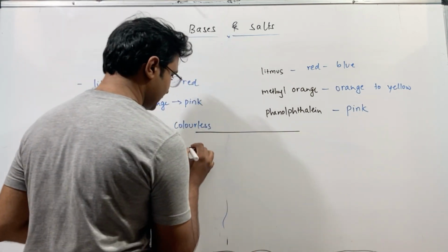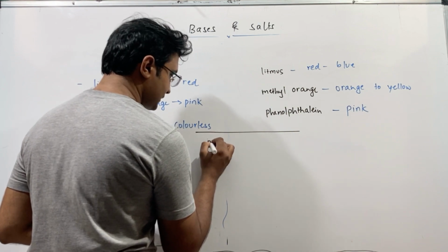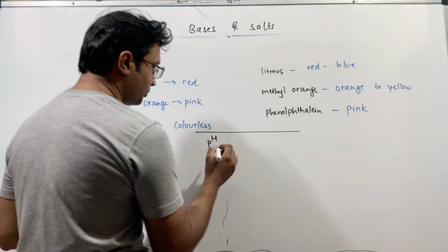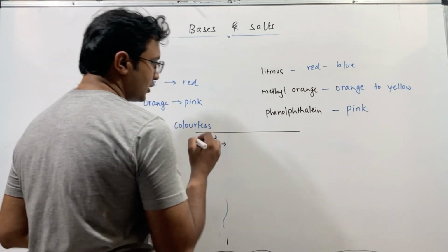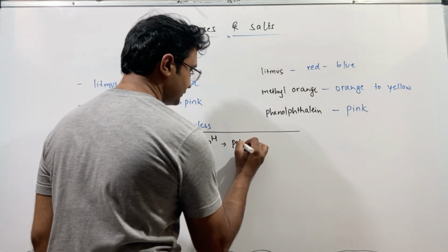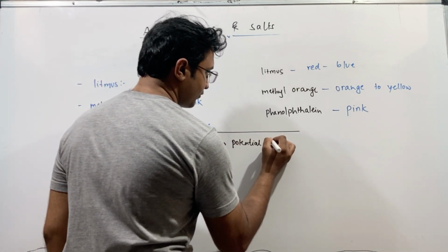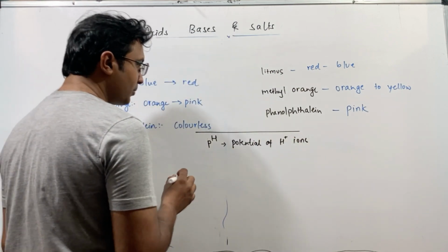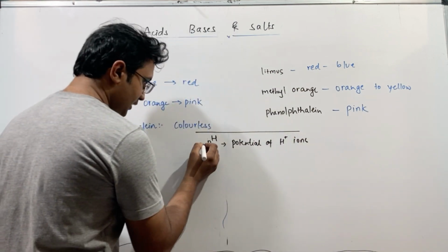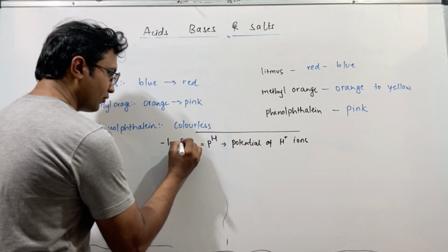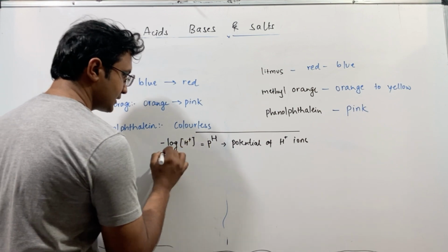It is written like this, small p and H in the superscript. So pH is called the potential of H plus ions. And the formula for pH is equal to negative logarithm of concentration of H plus ion.